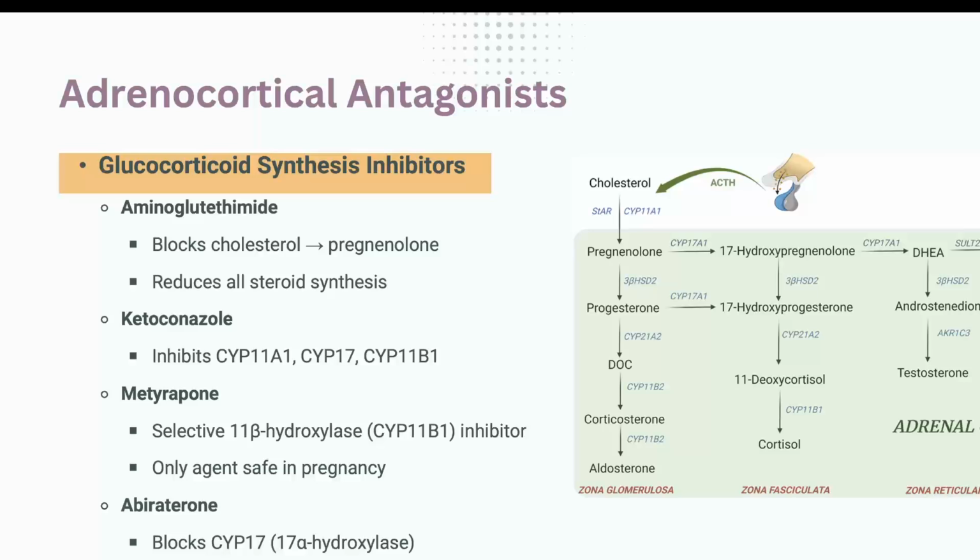Ketoconazole is responsible for inhibiting multiple enzymes. It inhibits cytochrome P11A1, which is the rate limiting enzyme, so it inhibits the conversion of cholesterol to pregnenolone, and so inhibits aldosterone, cortisol, and testosterone biosynthesis. But it also inhibits other enzymes, like for example cytochrome P17, and also cytochrome P11B1.